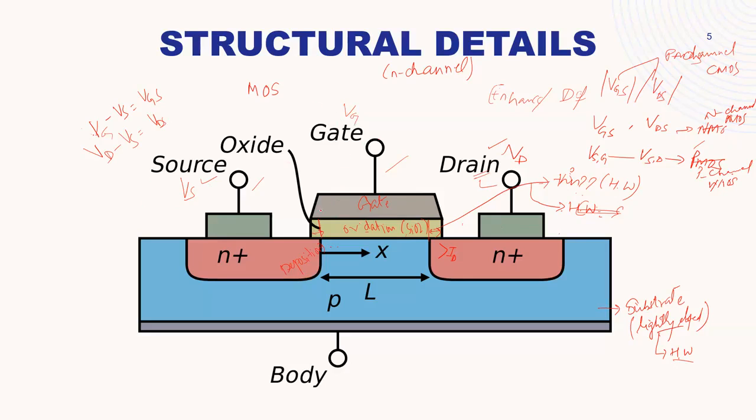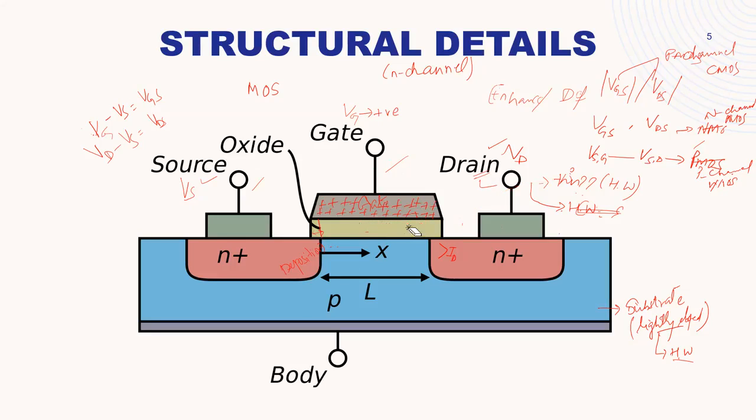Now I am introducing plus here, right? Why? Because my supply VG is positive. So what will be the polarity inside the gate? Positive, because of VG being positive. Now there is a polarization effect that will happen in my SiO2.